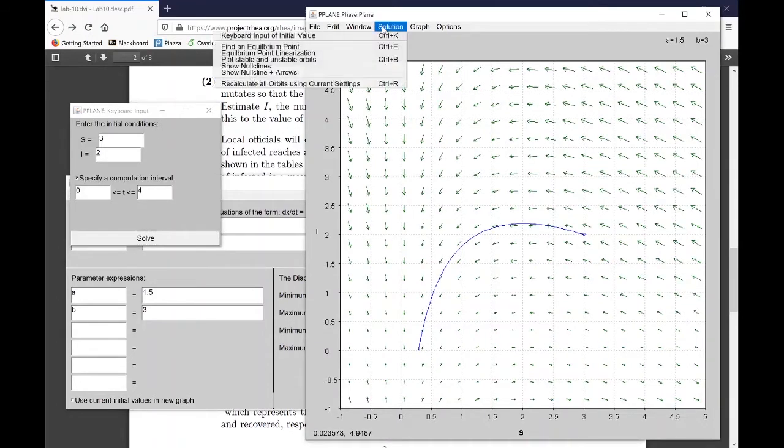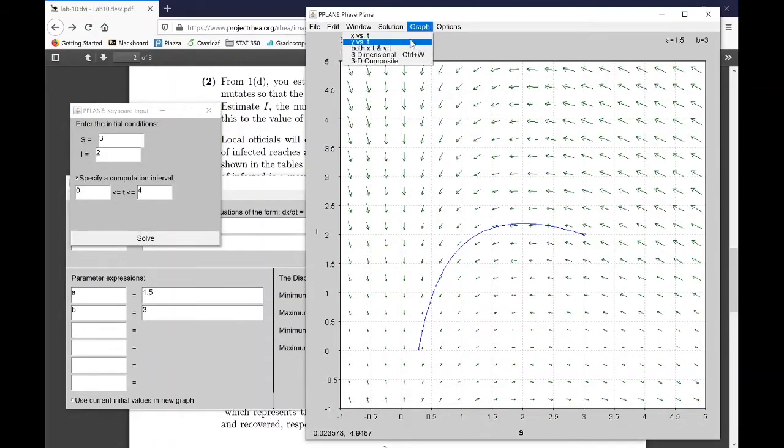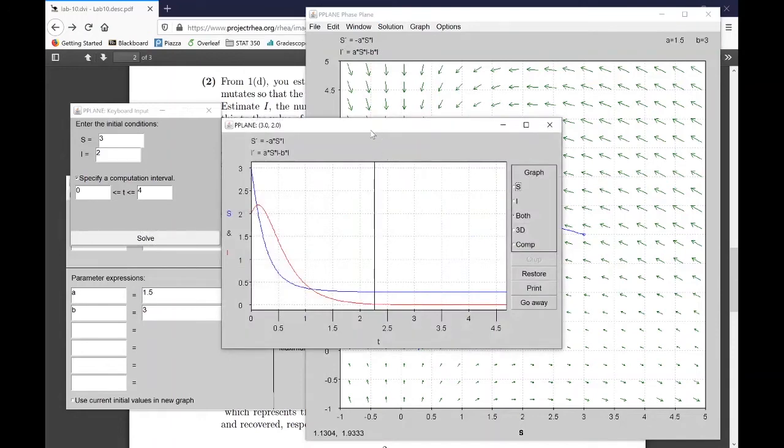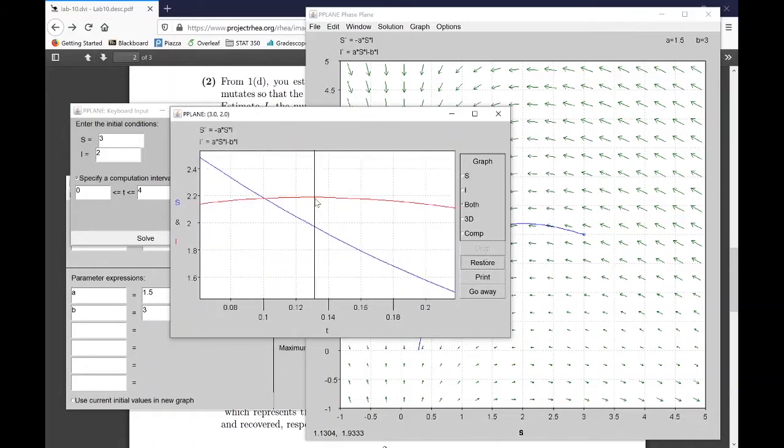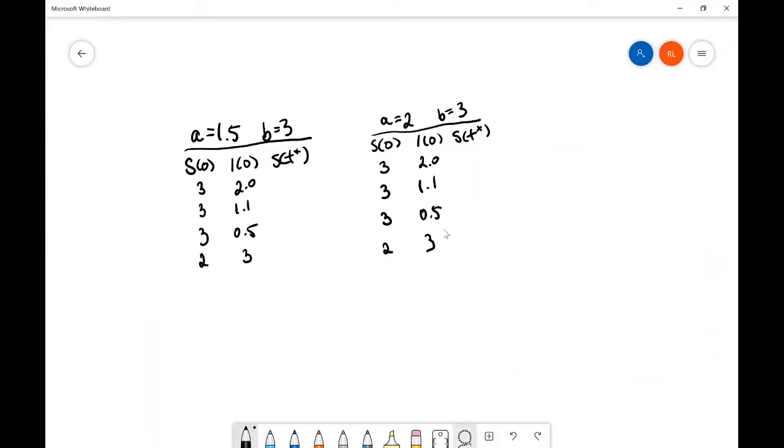Again, we want to take a look at S when the number of infected is a maximum, right? So the max I is somewhere in this interval. If we crop it, we will see that maybe the maximum occurs around here, where S happens to equal 2. So if we write that down, cool.